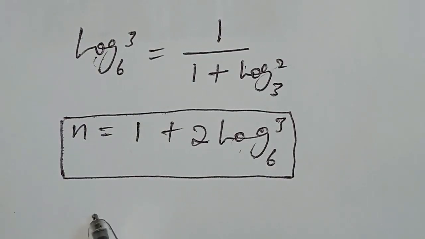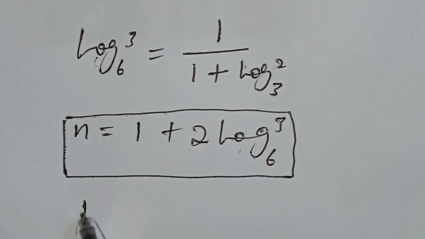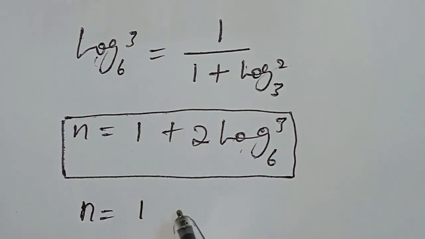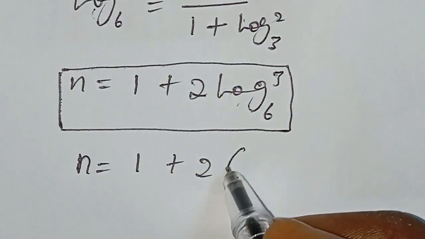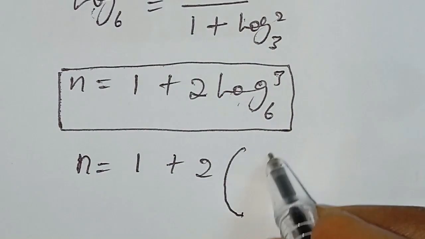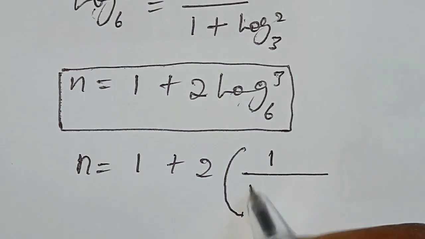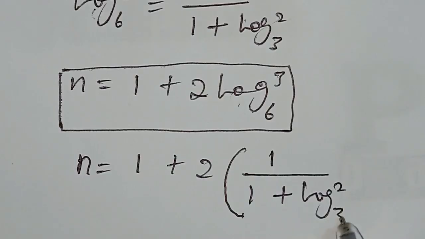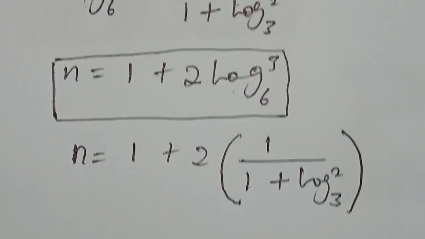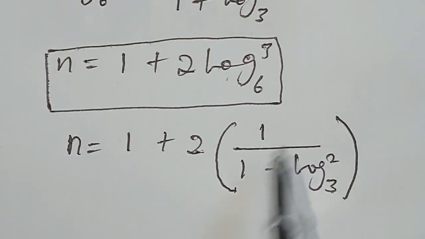We now have n equal to 1 plus 2, into bracket, 1 over 1 plus log 2 base 3, close the bracket. So we multiply these two with the bracket.